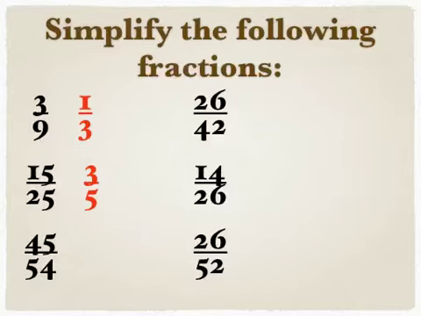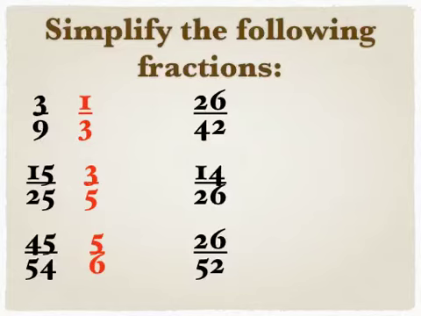When you look at the next one, we have 45 over 54. Both of these are divisible by 9. 45 divided by 9 is 5, and 54 divided by 9 is 6. And really quickly, sometimes you won't find the largest number that both numerator and denominator are divisible by.